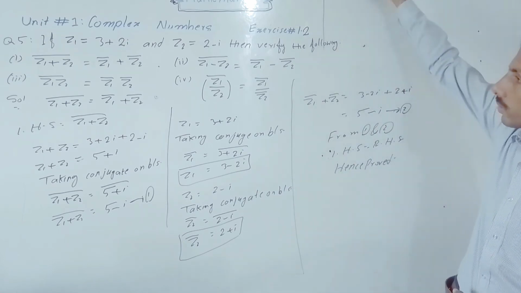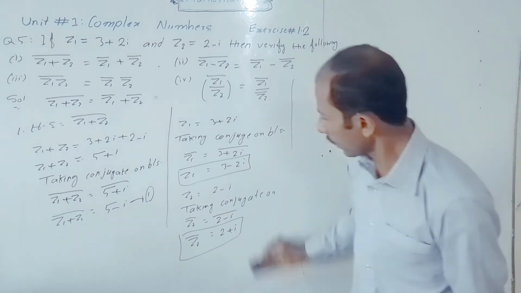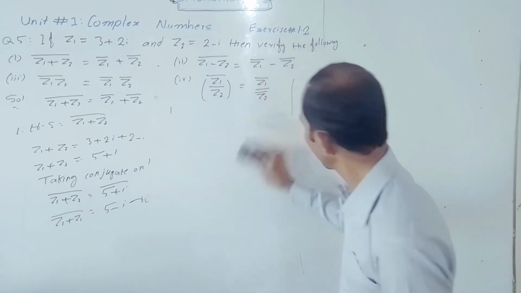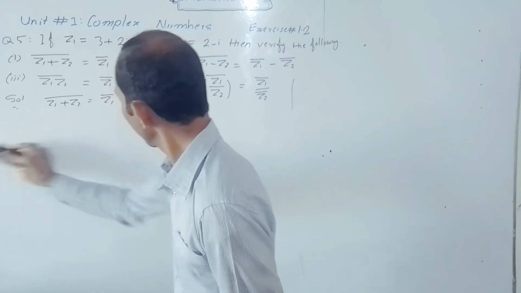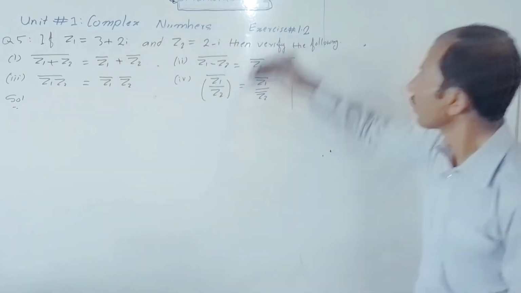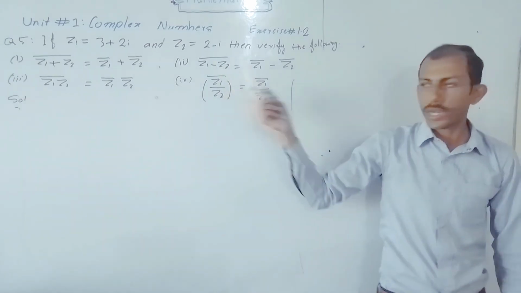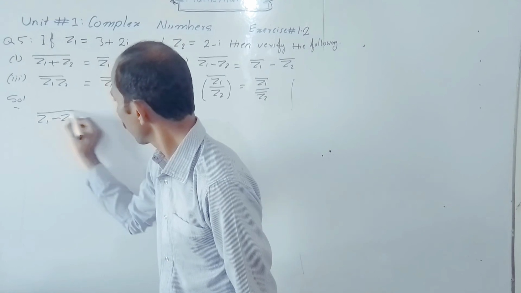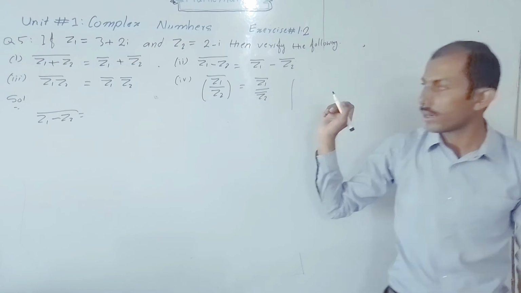So part number 2. Part number 2, that is, conjugate of Z1 minus Z2 is equal to conjugate of Z1 minus conjugate of Z2.